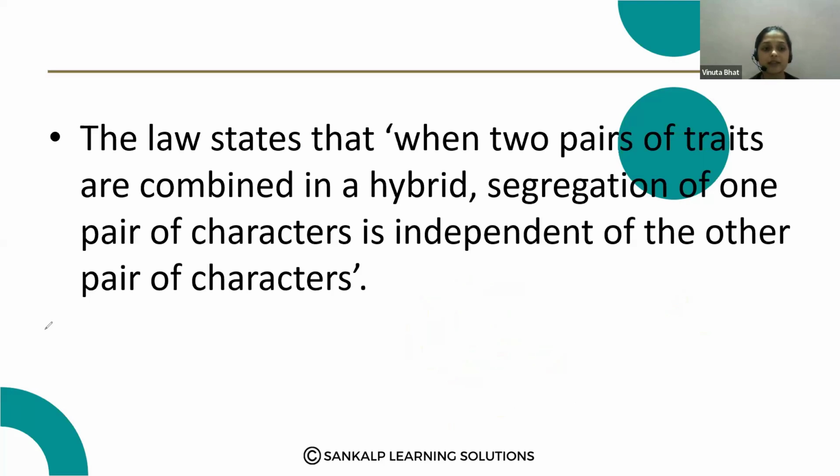That is, the segregation of one pair of characters is independent and does not depend on the other pair of characters present in that plant. So this is the law of independent assortment.